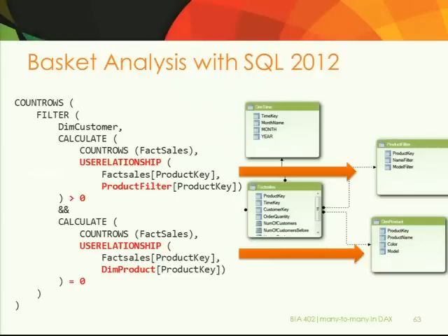And if you want to make it easier, you can keep the relationship with dim product active, which is the natural relationship between the fact table and the dimension. In this way, you can further reduce the formula because you do not need to activate the relationship with dim product in the lower part of the formula.